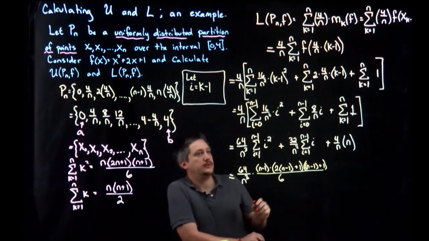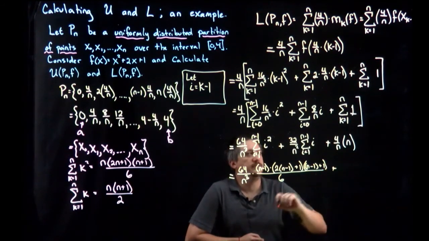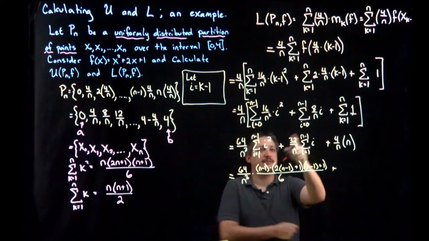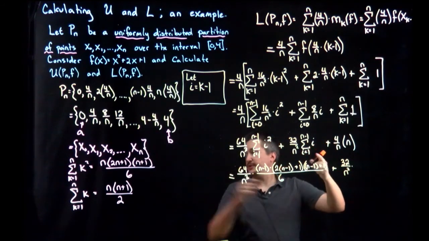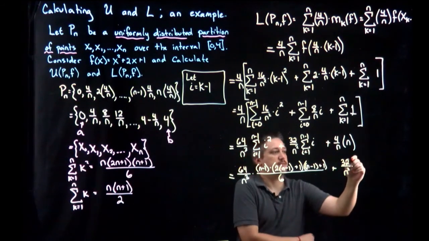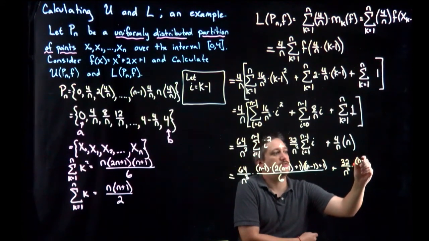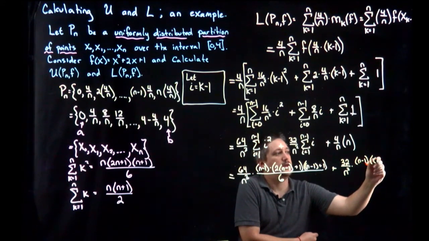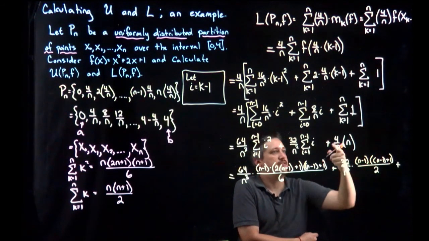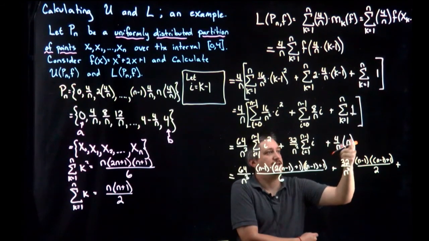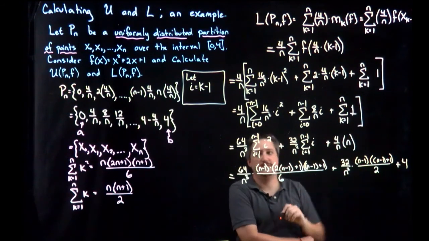Plus, that was just this piece. Now I'm going to do this piece. So this is 32 over n squared times, again adding n minus 1 in, n minus 1 times n minus 1 plus 1, all over 2. And finally this term, the 4 over n and n, the n's cancel, so I have just plus 4.